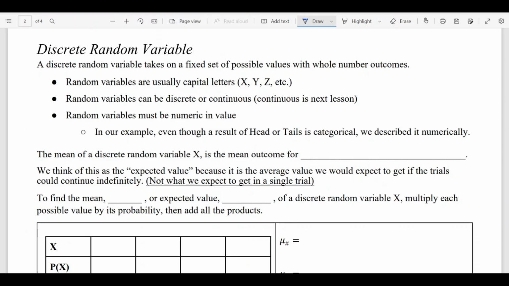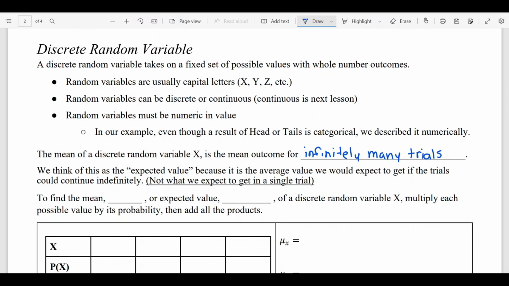With a discrete random variable, we have means and standard deviations we can also find and interpret. The mean of a discrete random variable is the mean outcome for a theoretical infinitely many trials. When we find the mean of our discrete random variable, it is something we think about as expected value.